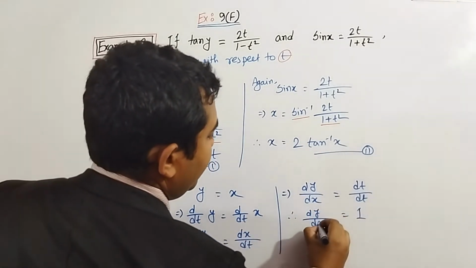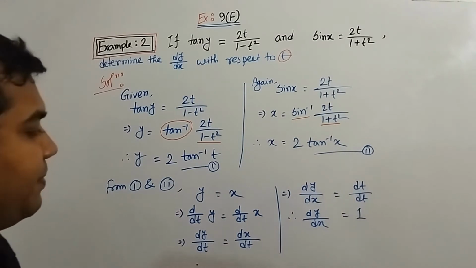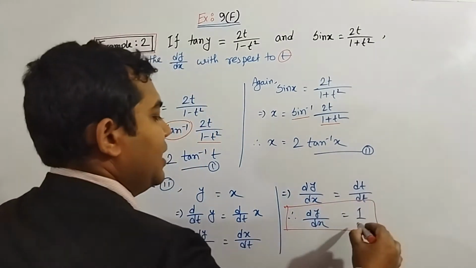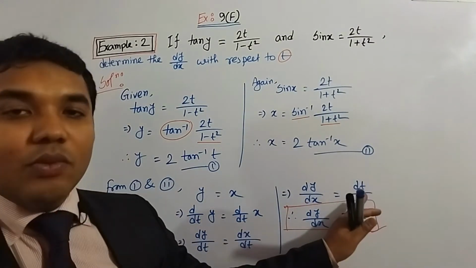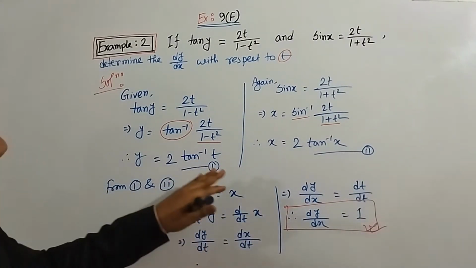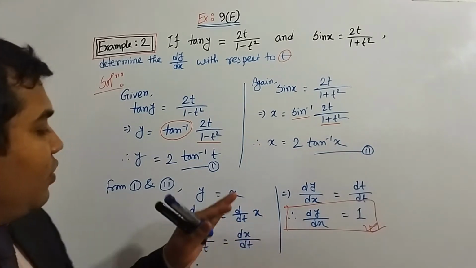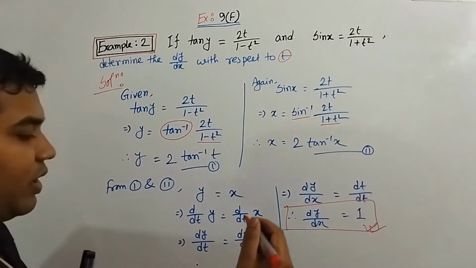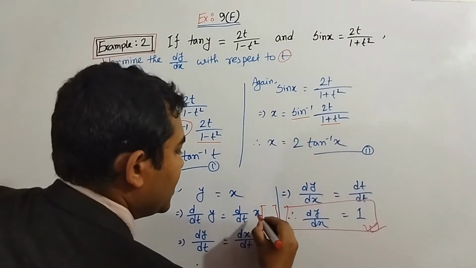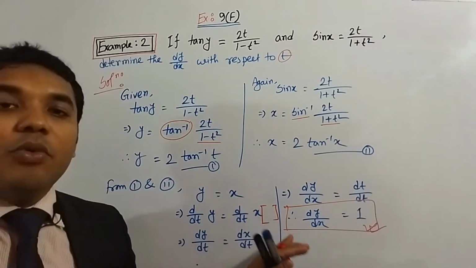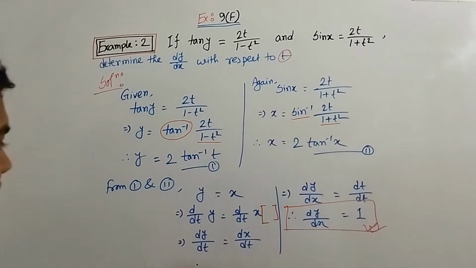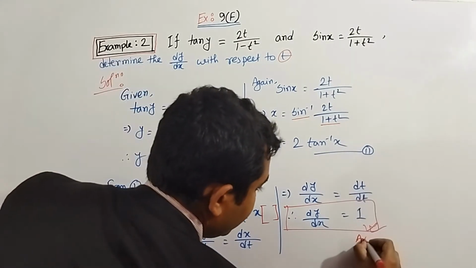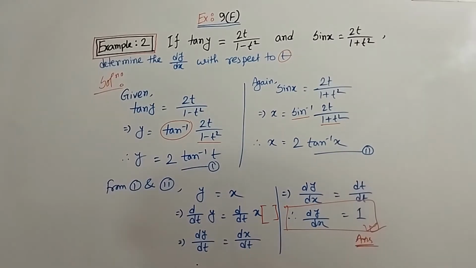So our dy by dx is actually 1, and that's the answer. As a side note, we are differentiating both sides with respect to t. So dear students, I think we can get our answer very easily.